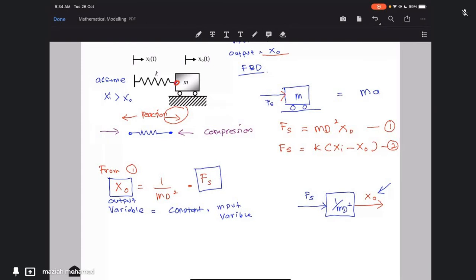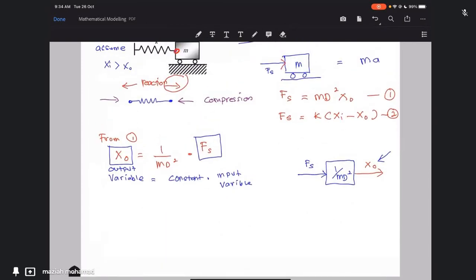So that is the form for what we call a multiplication equation, because the operation of this equation is multiply: 1 over md square multiplied with Fs. We call this a multiplication or division equation. The form will be a block with one input arrow and one output arrow. The output arrow is the output variable and the input arrow represents the input variable.